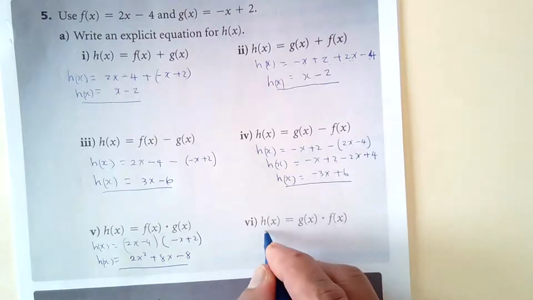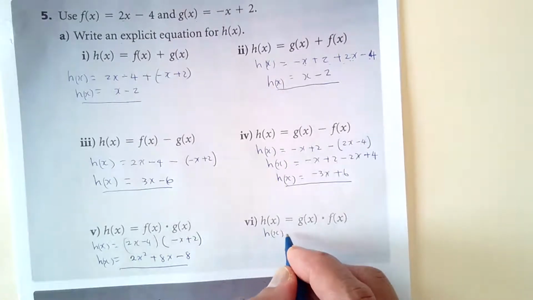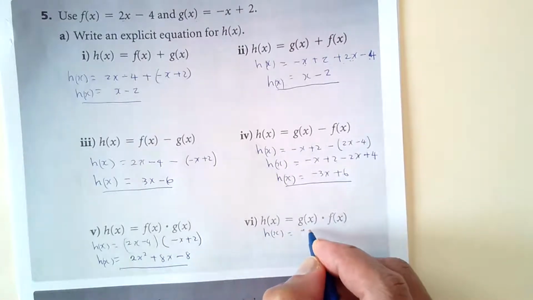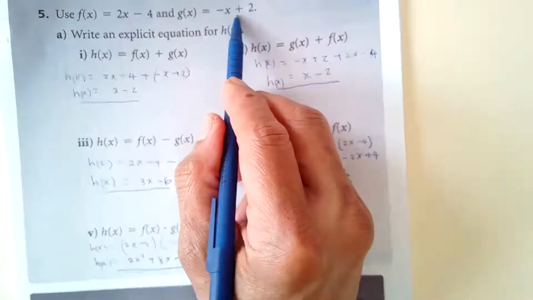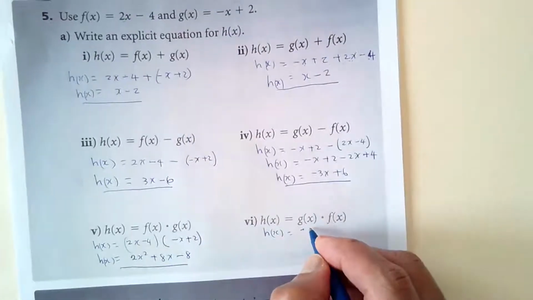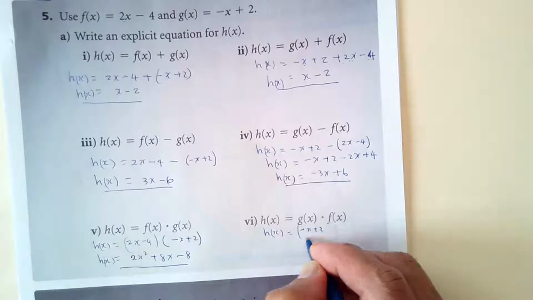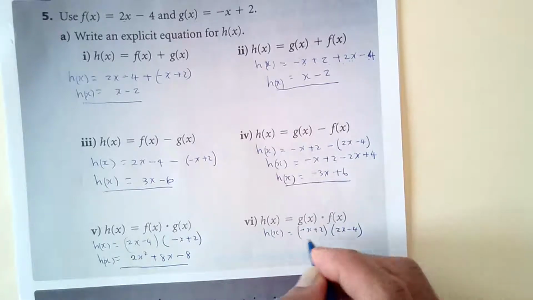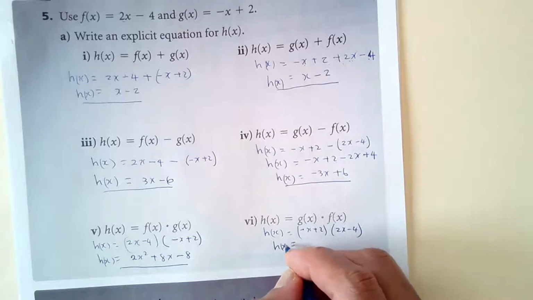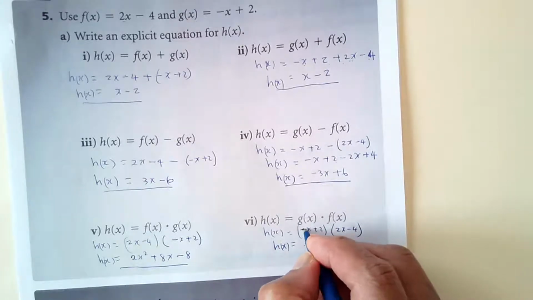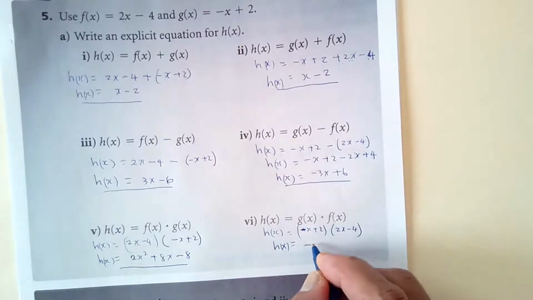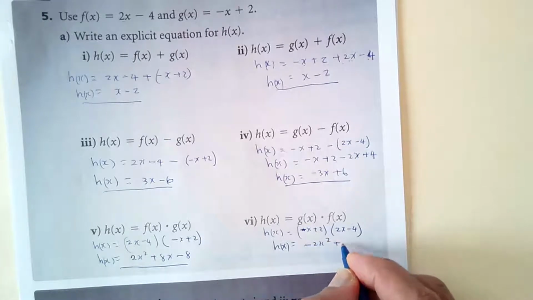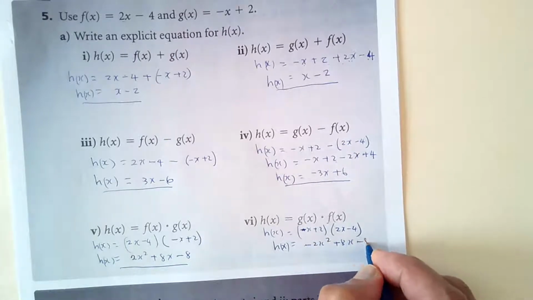And the last one we have here, h of x is equal to minus x plus 2 multiplied by 2x minus 4. So h of x is equal to minus 2x squared plus 8x minus 8.